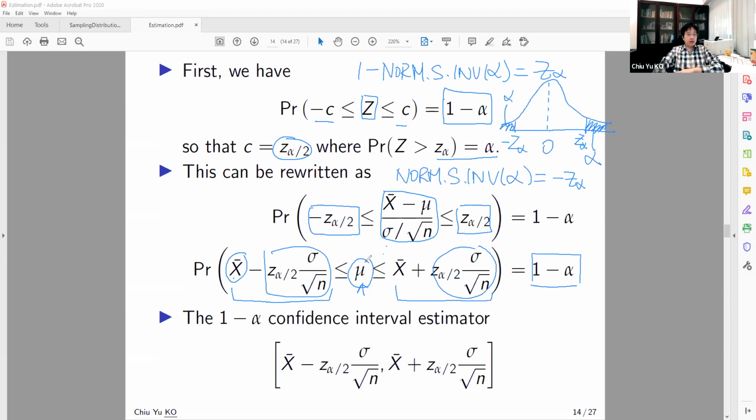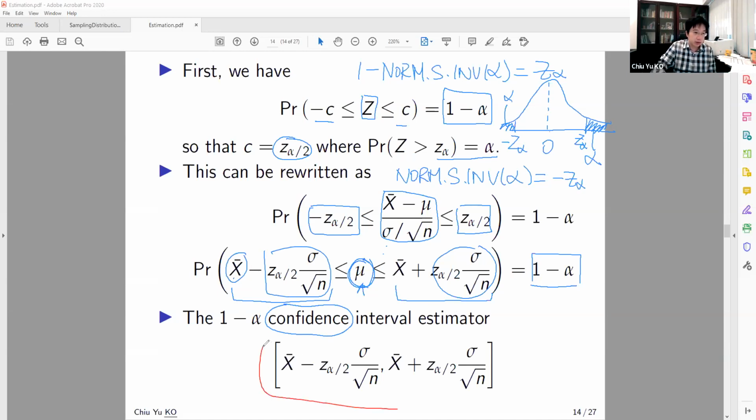But the real fact is we never know it. This is only probabilistic before you draw the sample. Once you draw the sample, it is no longer probabilistic, so that's why we don't call it probability. Sometimes we call it confidence. We'll explain more in the next two slides. But what we have is this formula.